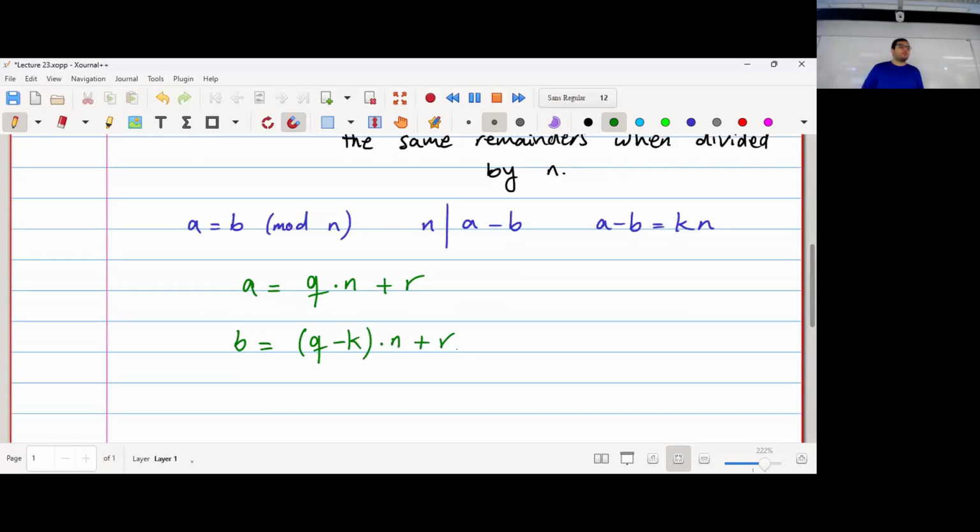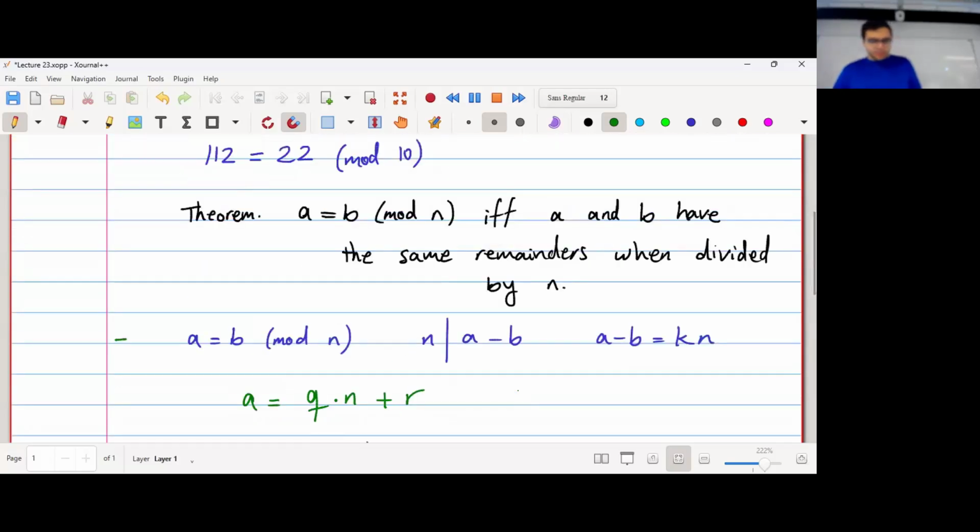And now you can see that, of course, they have the same remainder, and this was the unique remainder that is between 0 and N minus 1. So one side was quite easy. If two numbers are congruent modulo N, or as I just say, equal modulo N, then they have the same remainder when divided by N.